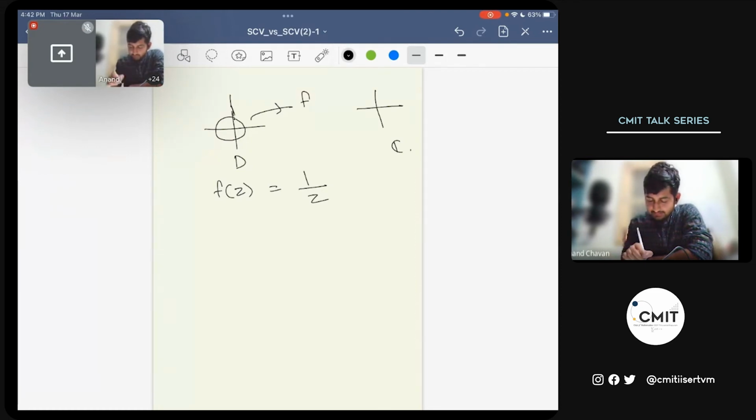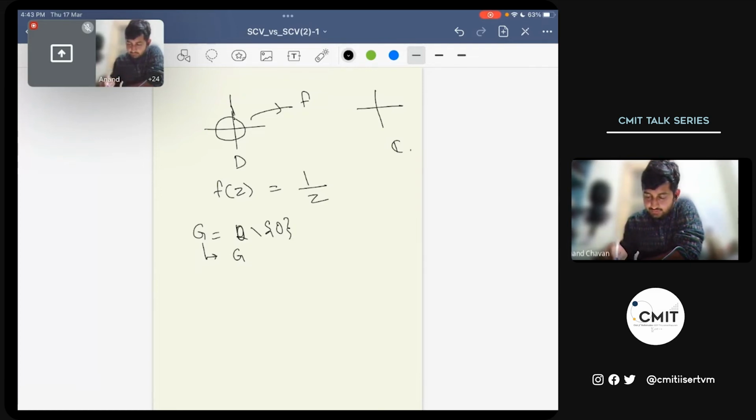So I'll take a new set G, and I'll remove from D the bad point 0. Now on this set G, the function is holomorphic, right? If I remove the point 0, the function doesn't blow up. So on G, the function is holomorphic.